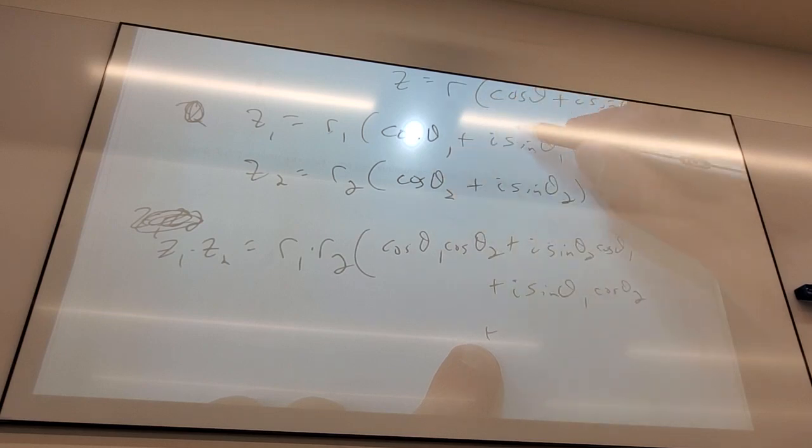What's i times i? What's i squared? Negative 1. Sine theta 1 sine theta 2.